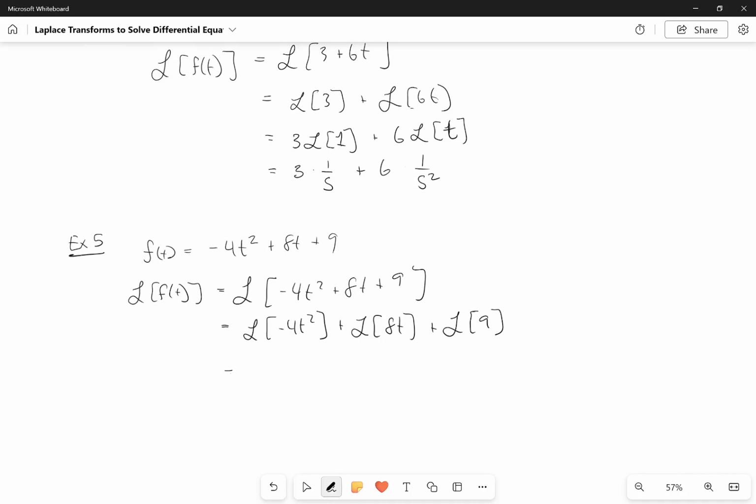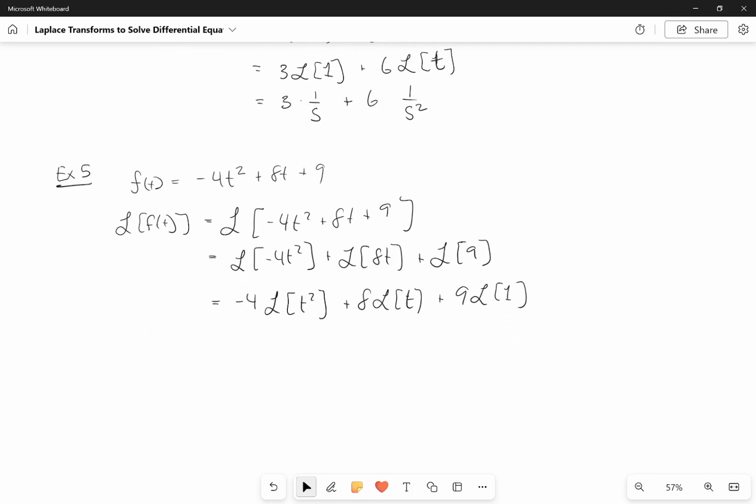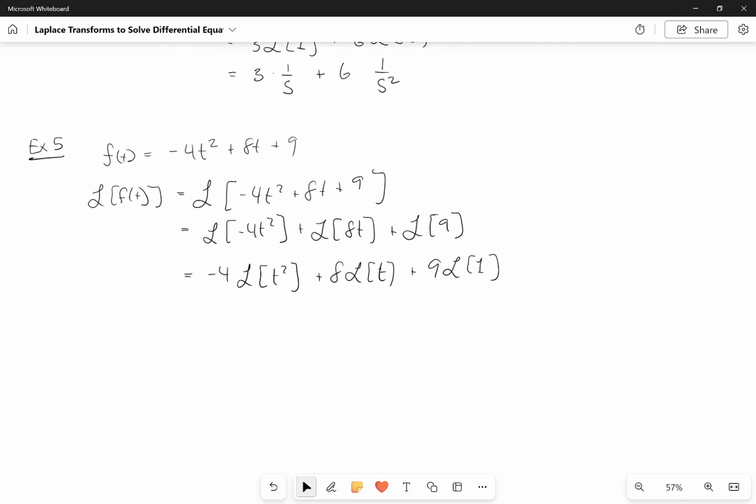It becomes negative 4 times the Laplace of t squared plus 8 times the Laplace of t plus 9 times the Laplace of 1. Okay, and now you're going to look these up in a table.